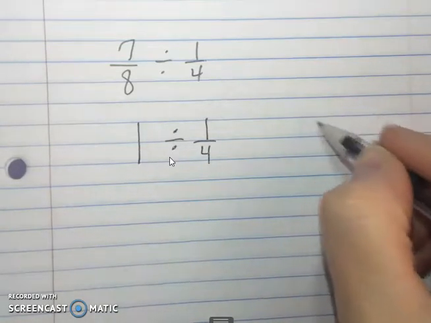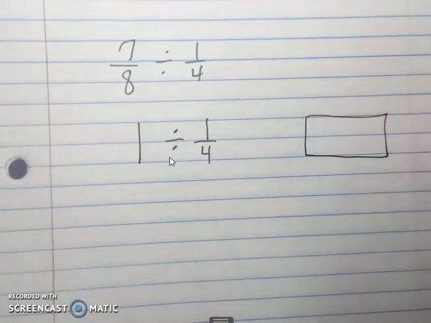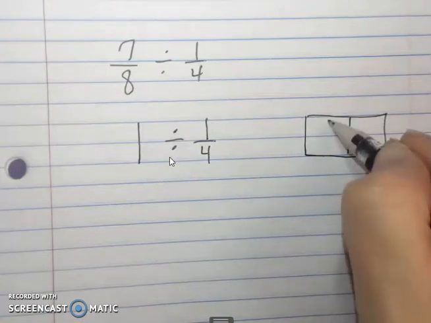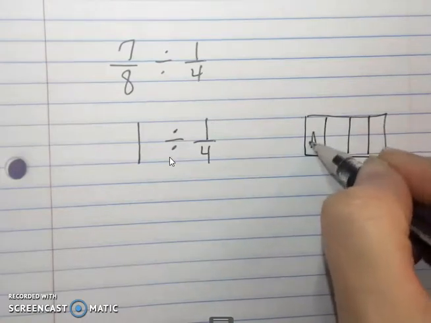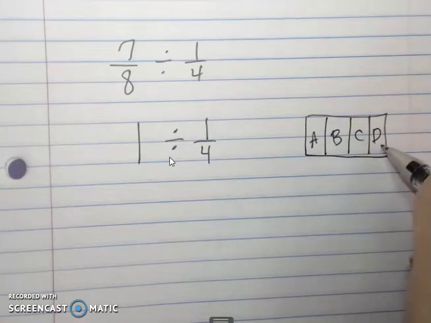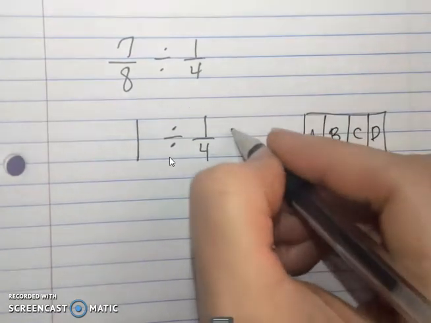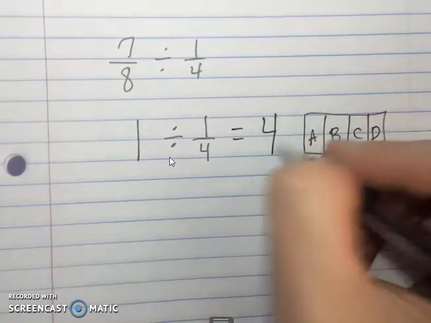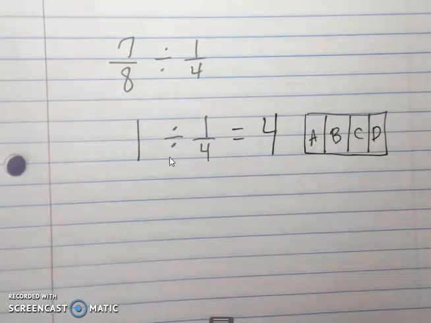So think about that candy bar. I split it into fourths, so I could share with Andy, Bob, Casey, and David, so that would be 4 people. So each person would get a fourth.